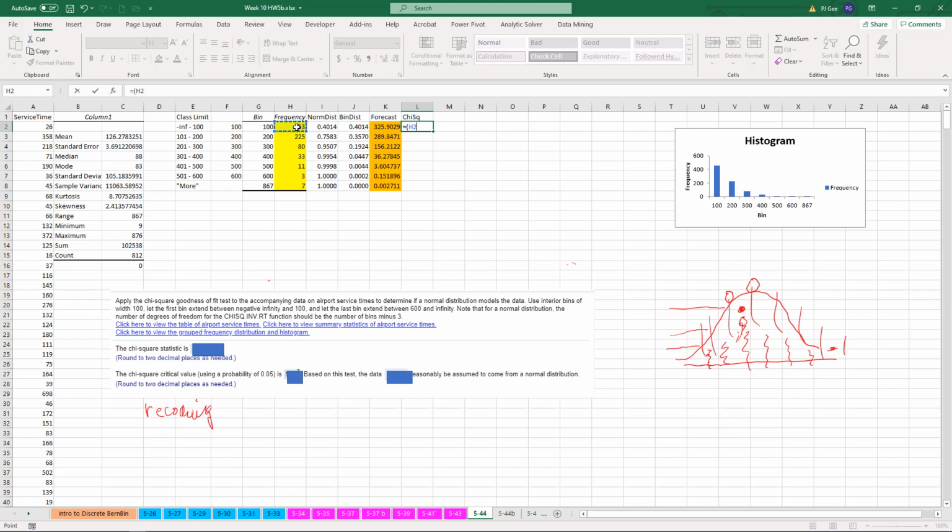We're going to take that number, the distance between our actual and our forecast, and we are going to square this, and then we're going to compare it to the forecast. Now, just to make sure order of operations is correct, use all the parentheses necessary to make it absolutely clear. So we'll enter there.